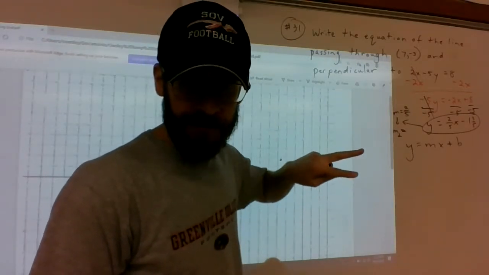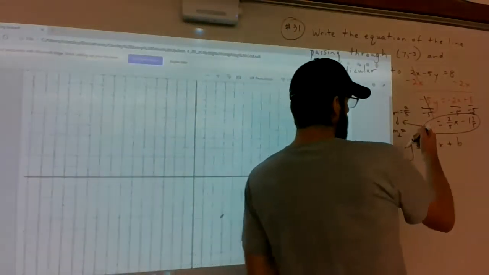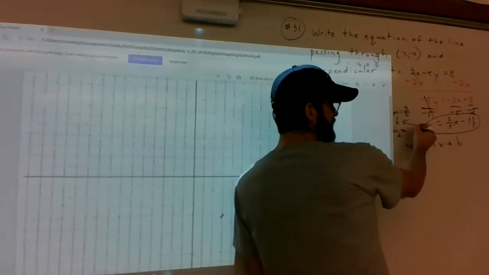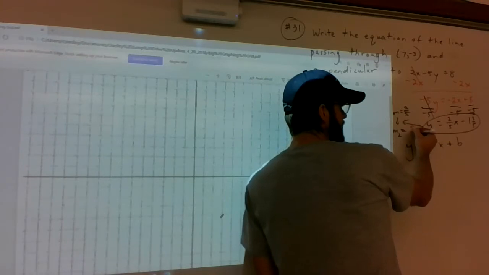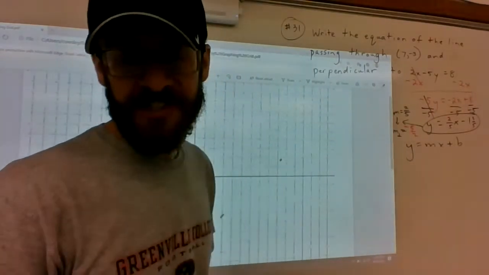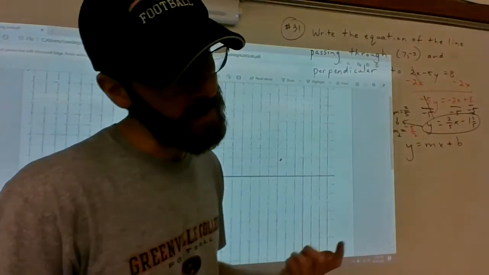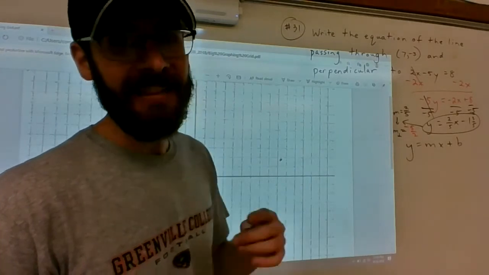Negative reciprocal just means flip it and change the sign. So it used to be positive 2/5, now it's -5/2. Okay, we've got all the pieces of info we need. Let's solve for b.